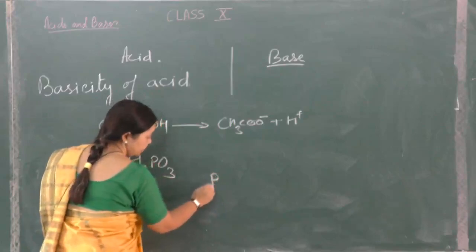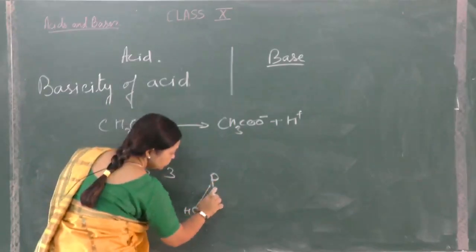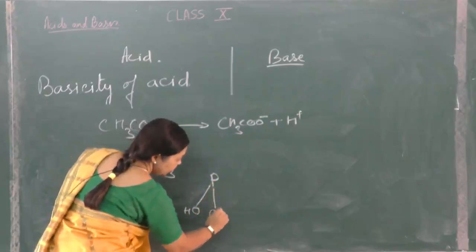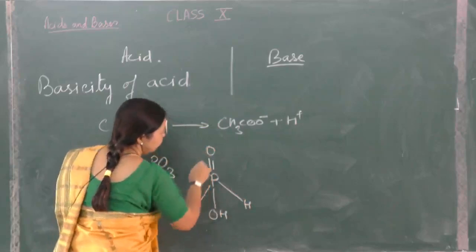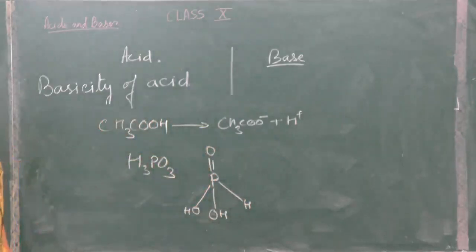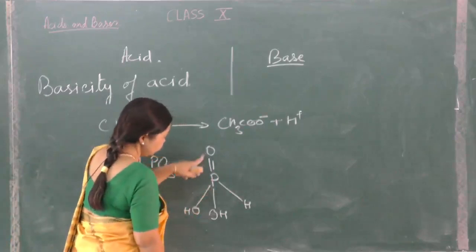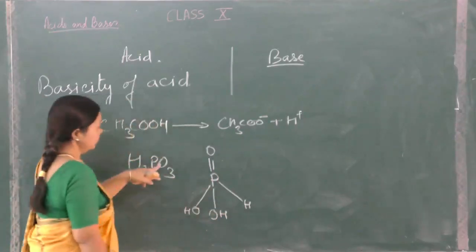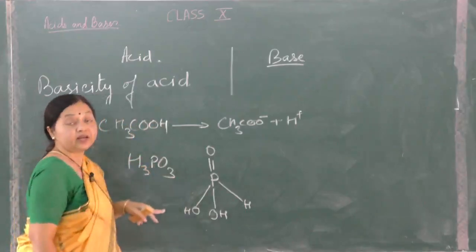Phosphorus is the central atom with OH, H, double bond O. This is H3PO3. Okay, so see P, 1, 2, 3 oxygen and 3 hydrogen. So H3PO3 is not a tribasic acid.